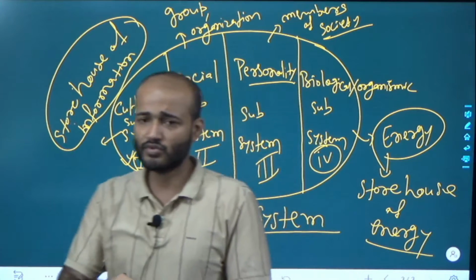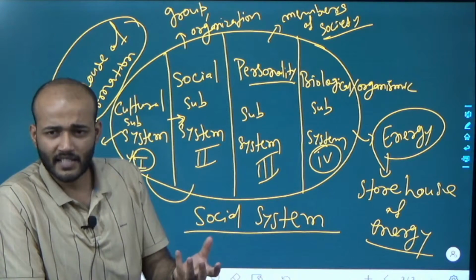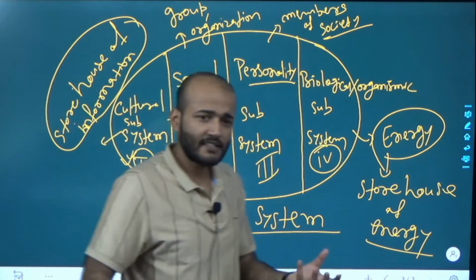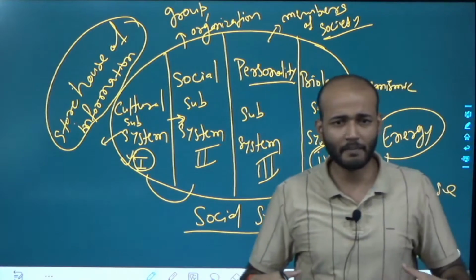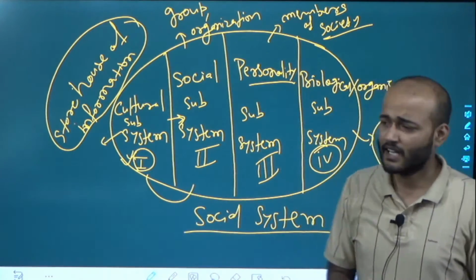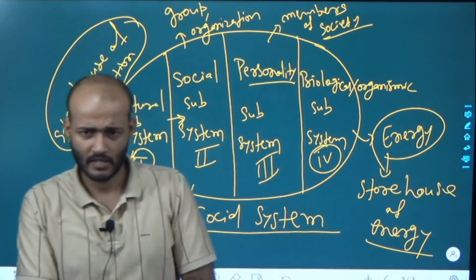What could these social subsystems be? Certain groups and organizations that act for the functioning of society, which have the capability to shape society, like a political group, pressure group.